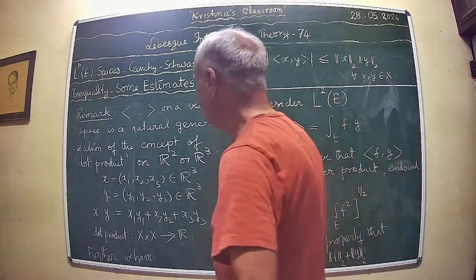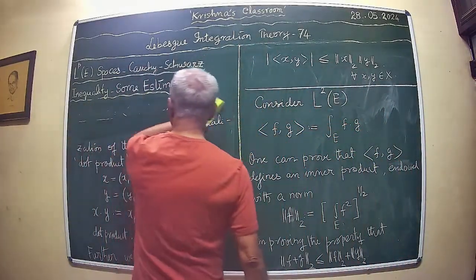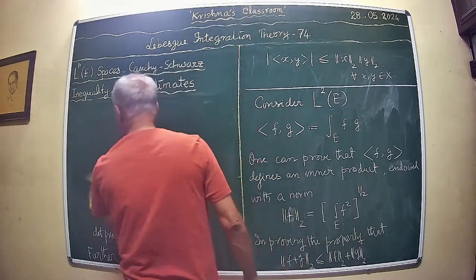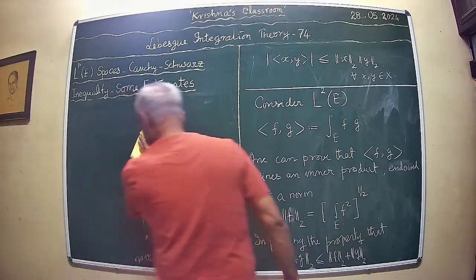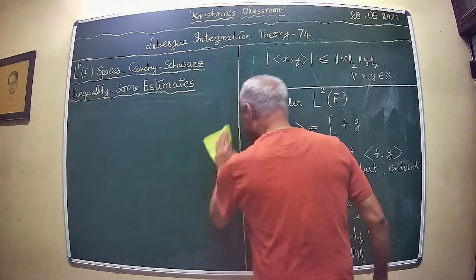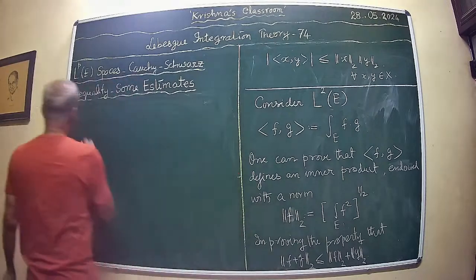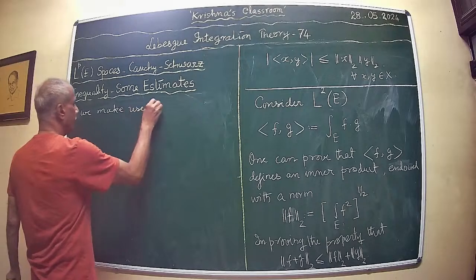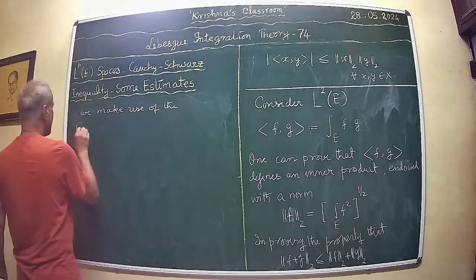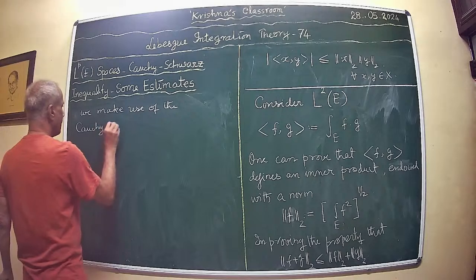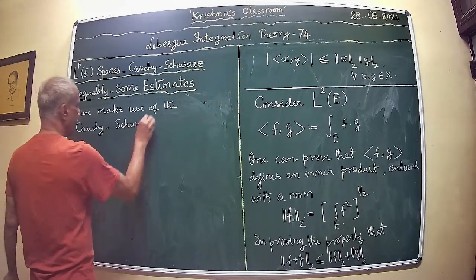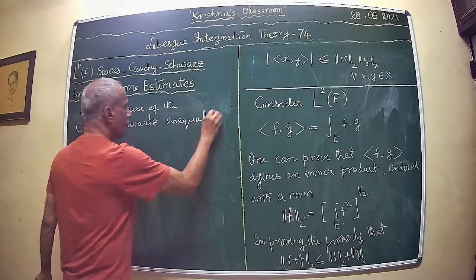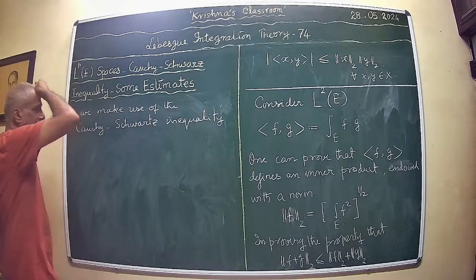Okay. We use the so-called Cauchy-Schwarz inequality. It is generally available in any inner product space.